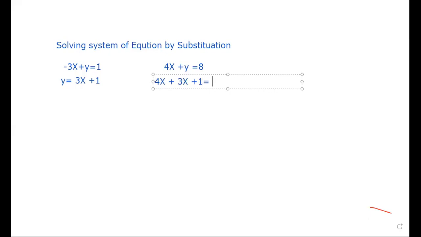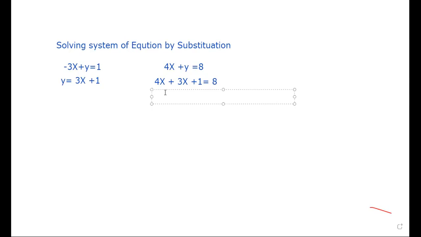This is equal 8. The first equation gives us a present that the value of y equals 3x plus 1, so we take it to the second equation. 4x will be the same. We will remove y and put instead of it 3x plus 1. This is equal how many? Equal 8.